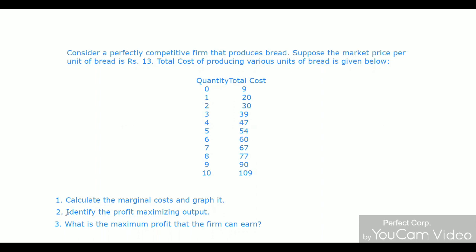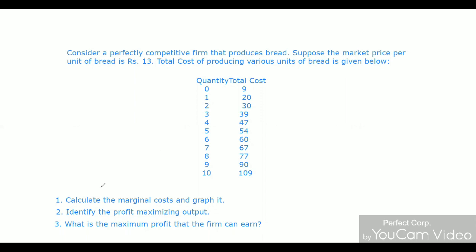In the second question, we are asked to identify the profit maximizing output, that is, at what output level the firm will maximize its profit. And in the third question, we are asked to find the maximum amount of profit that the firm can earn.